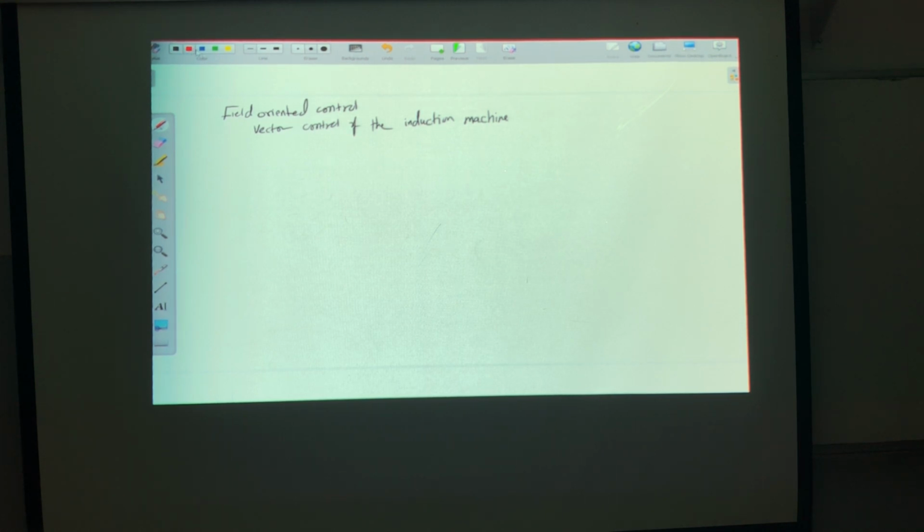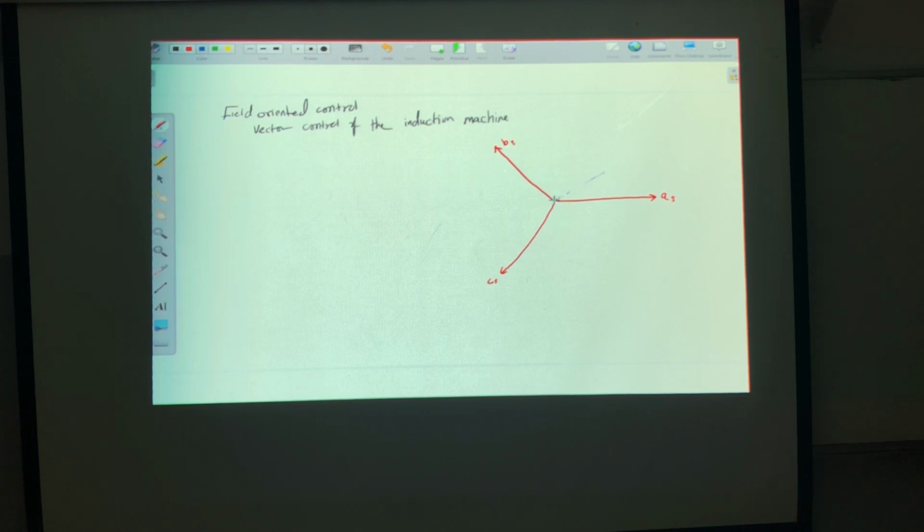Imagine that this is my reference frame theory. I will start from the ABC reference frame. This is the AS, this is the BS, and this is the CS. And I have a rotor, and the rotor is rotating by omega r.